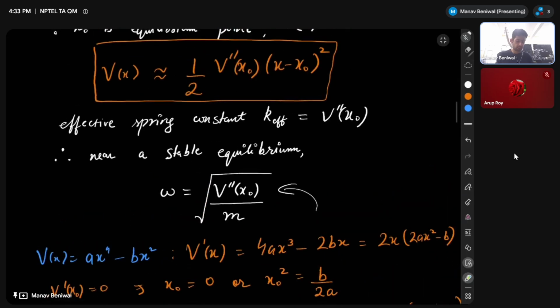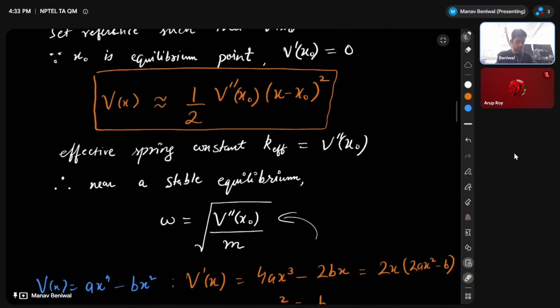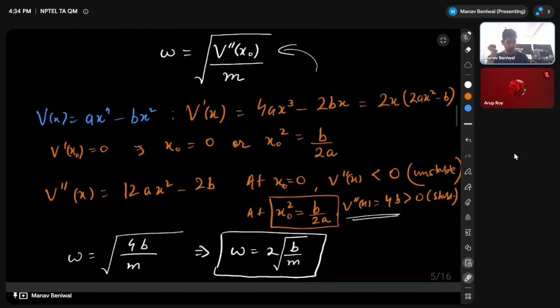As we discussed, the second derivative just gives you this effective spring constant, and from that you can easily find omega. So this is a very general method, and for any potential you can use it to solve the problem.